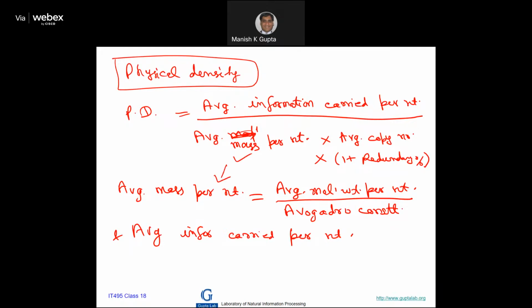Average mass per nucleotide, average copy number, and this you can find out from the specific choice. Average information carried per nucleotide is nothing but 2 times the number of nucleotides in the data payload region. A nucleotide has 2 regions, the payload region and the index region, right? Payload is where the actual data is, divided by total length.